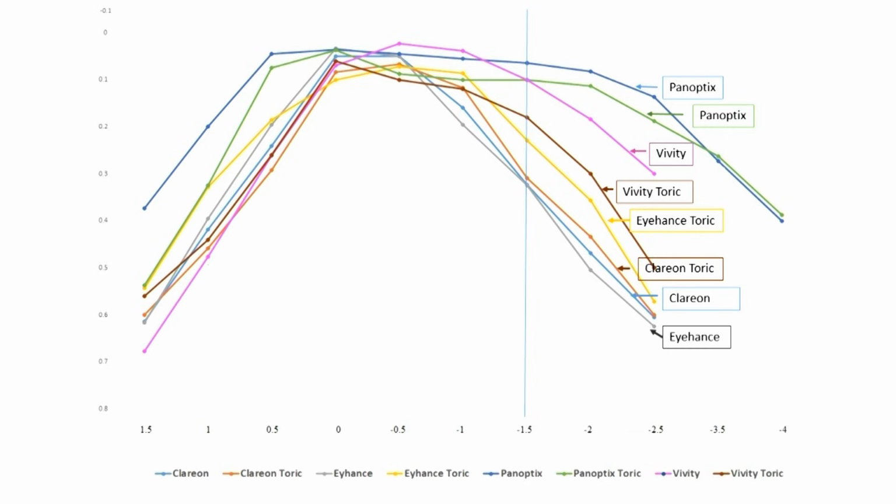There are two ways you can measure intermediate vision, for instance. You can keep the chart at 66 centimeters and see what lenses he needs to read at 66 centimeters. Or you can keep the object at a fixed distance and change the lenses, which is what the defocus curve does.